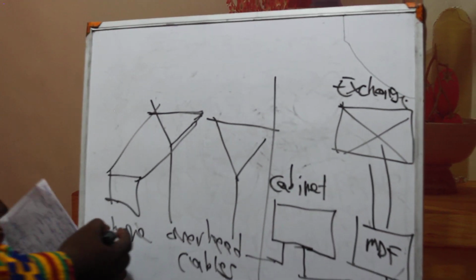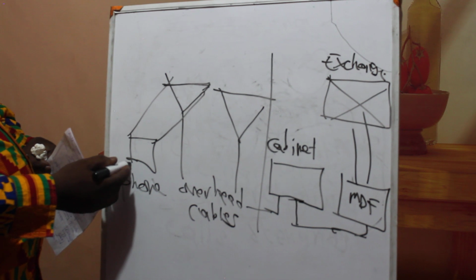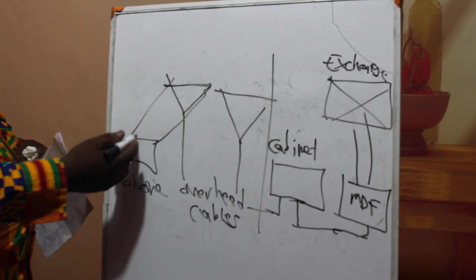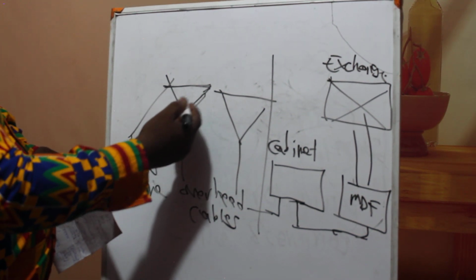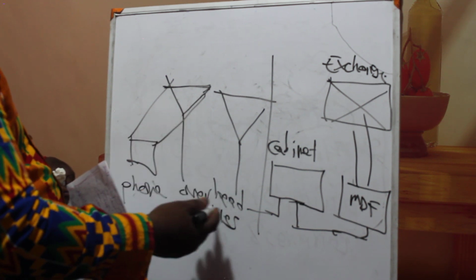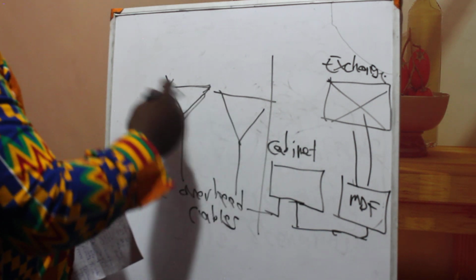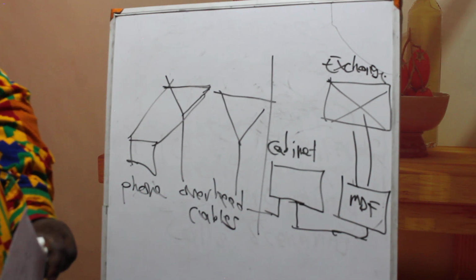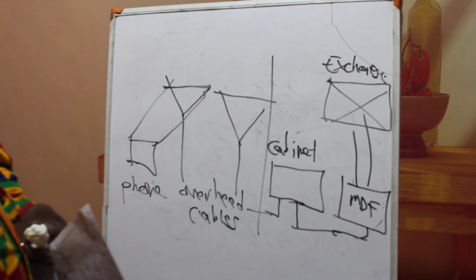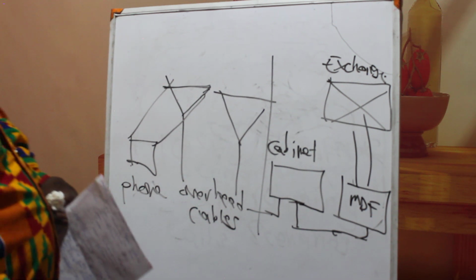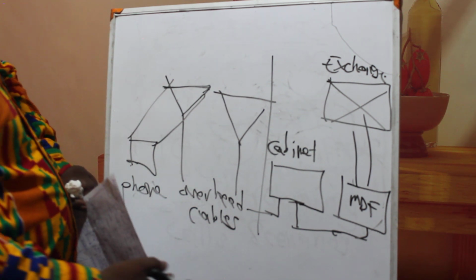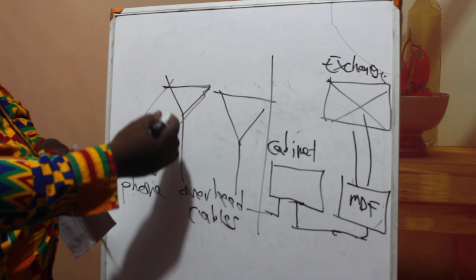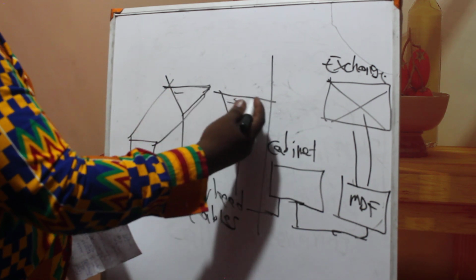So we have the fixed line phone sitting at home. From the home, it connects to the overhead cable, and from the overhead, you have the cables running all over. Sometimes the cables can run underground, but mostly in Africa, they use the overhead cables, whilst in the Western world, they use underground cables. So the cables pass on those poles which are mounted outside.